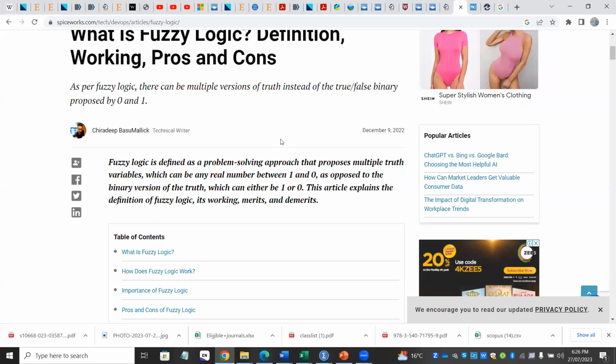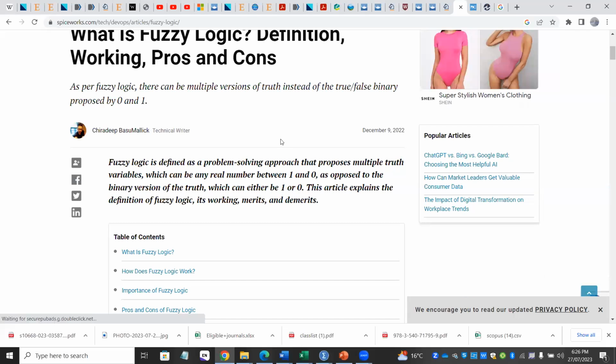So in a nutshell, to simplify it, fuzzy logic goes against this binary truth, where we always say yes or no, blue or black, white or black, either you are for us or against us, either you are eating with us or you are not eating with us.